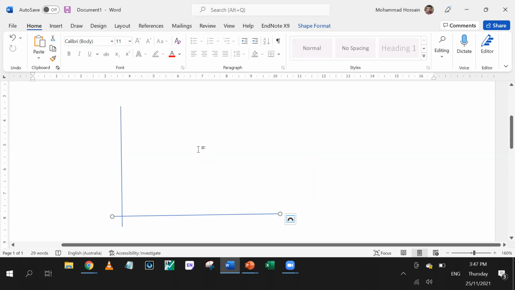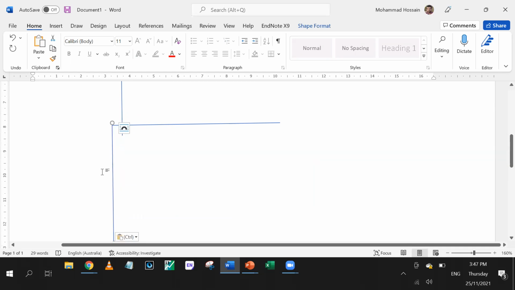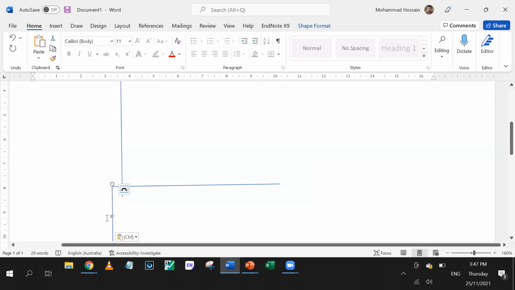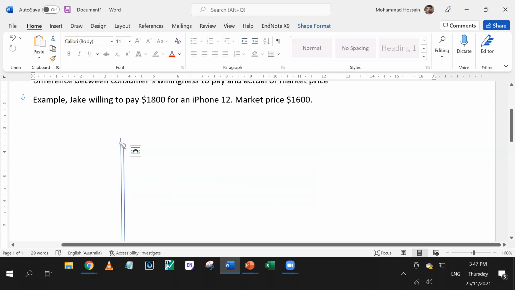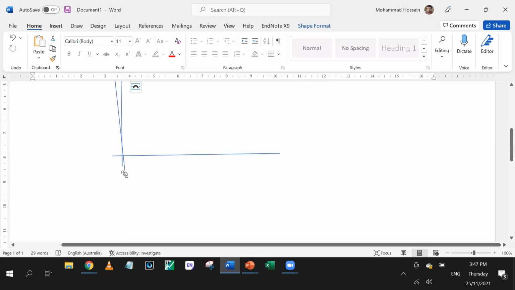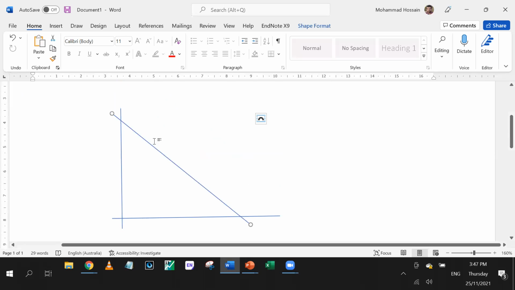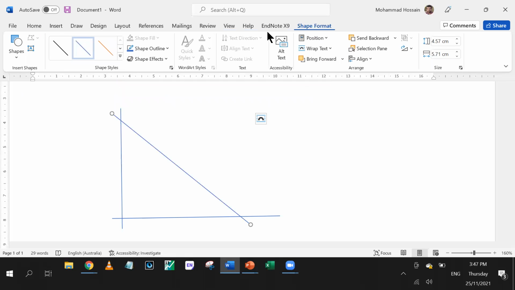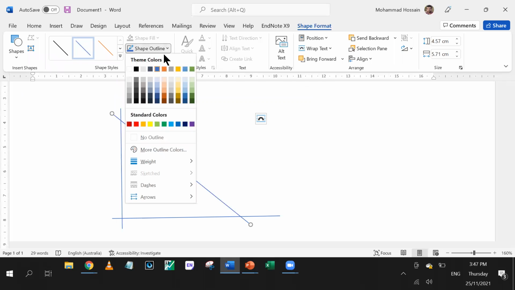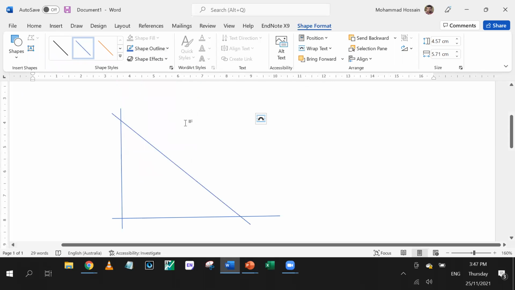This is your demand curve, for example. That's your demand curve.